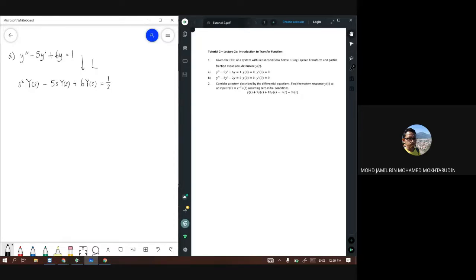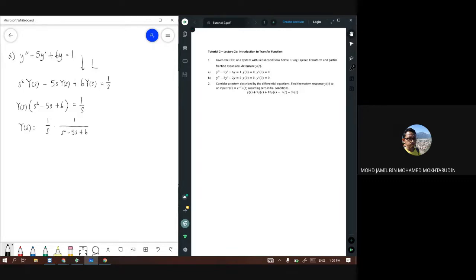Okay, and then now you need to rearrange the equation to get Y, okay, to get the big Y. So Y(s) factorize, so you get (s squared minus 5s plus 6) Y(s) equals 1 over s. Okay, and then rearrange, you get Y(s) equals 1 over s multiplied by (s squared minus 5s plus 6).